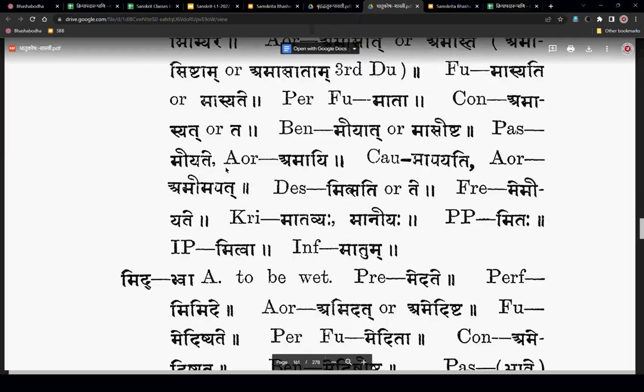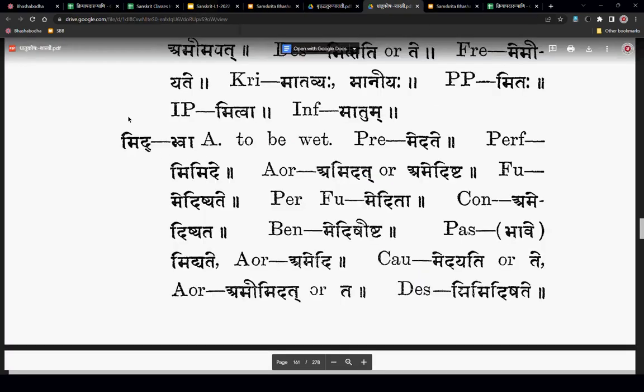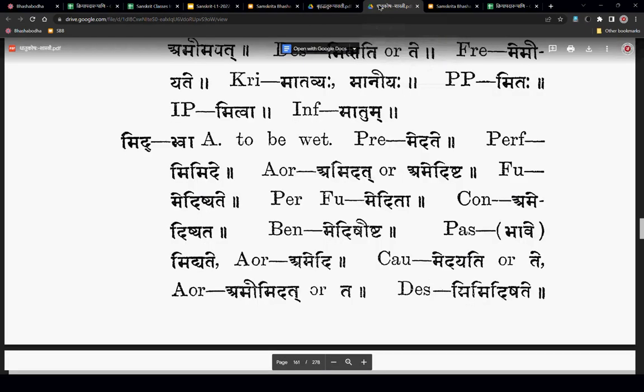This Dhatu Kosha by Shastri lists the dhatus alphabetically, by Sanskrit alphabets, like that. But the other one, Dhatu Rupavali, lists them by Dhatu Gana, how they appear in the Paniniya Dhatu Patha. It has a different order.